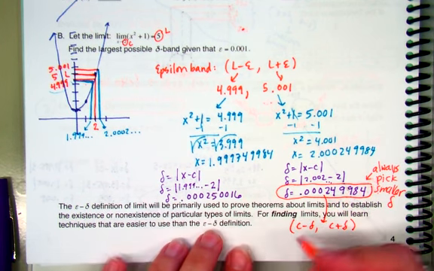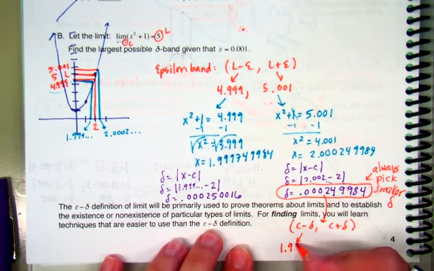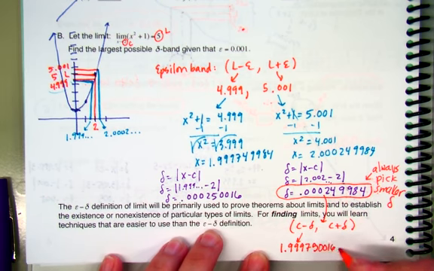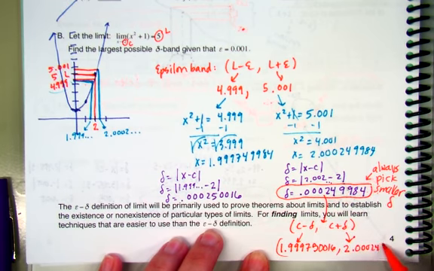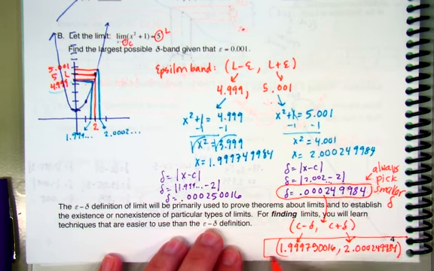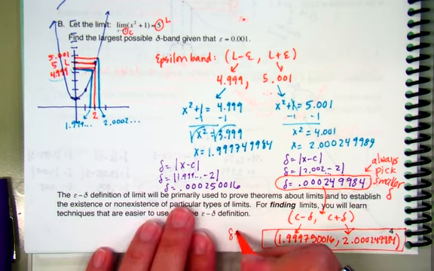So this one is 1.99975. And then c plus delta, we actually had c plus delta because that was the one we picked right up there. So that was the same one. 0.000249984. So this is my delta band.